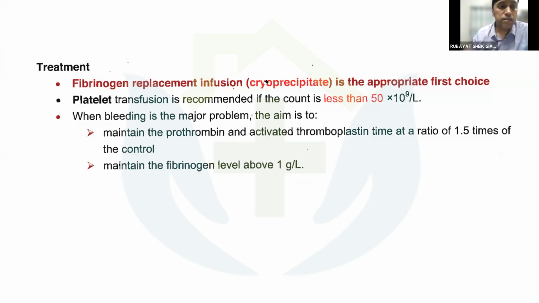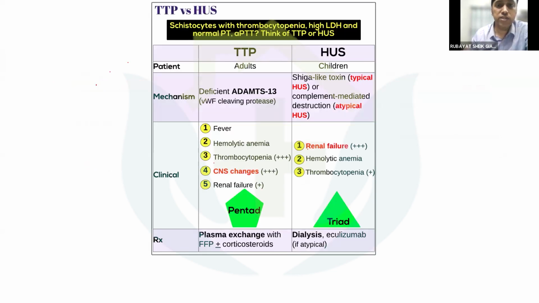Sometimes you need platelet transfusion as well. Okay. So treatment of the underlying cause is the main treatment, with supplementation of these clotting factors by these blood products: fresh frozen plasma, cryoprecipitate, or platelet transfusion. But you need to treat the underlying cause very aggressively.